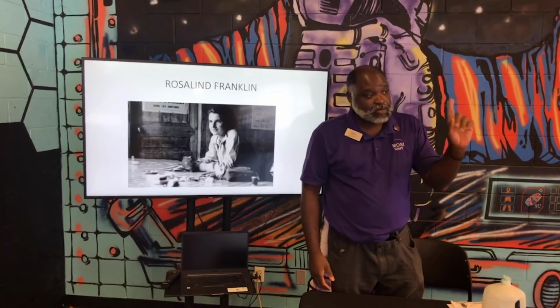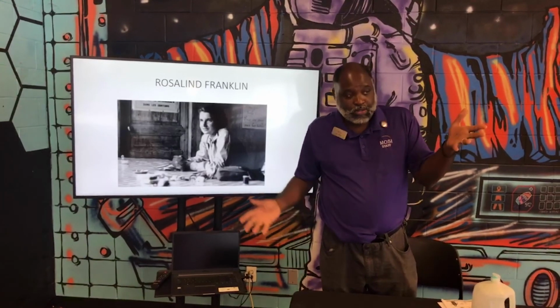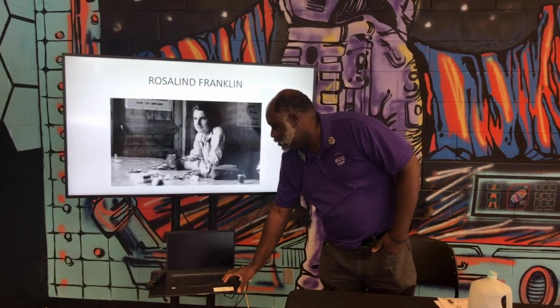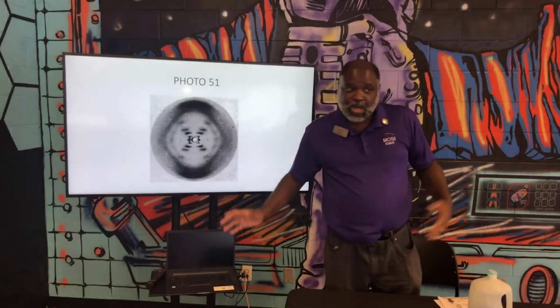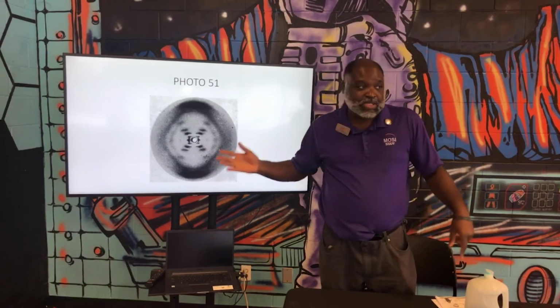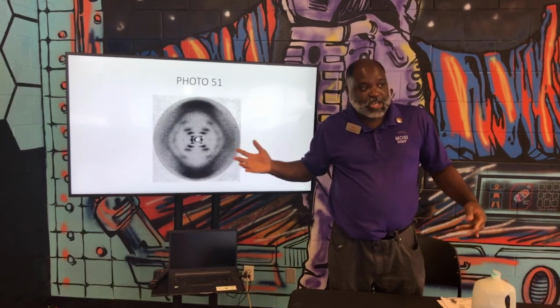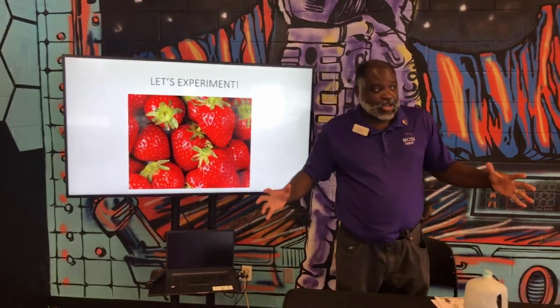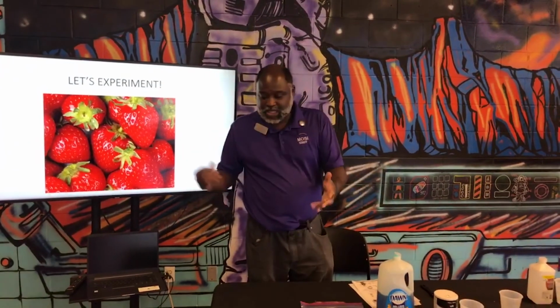But it was through her notes in her journal that they saw photo 51, and posthumously means after death, she was given credit as being one of the discoverers of the DNA structure. All right, so just wanted to give you a little bit of background, DNA and its history.